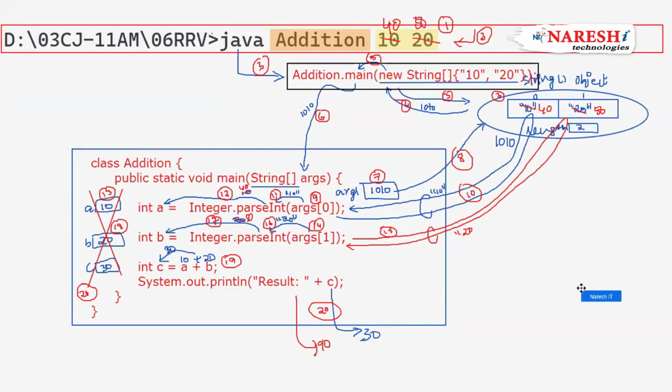First you write this command, then the program, then the execution flow: step number 1, step number 2, step number 3, step number 4. Step by step you follow the execution flow. If you have any questions, confusions, doubts, you can ask.